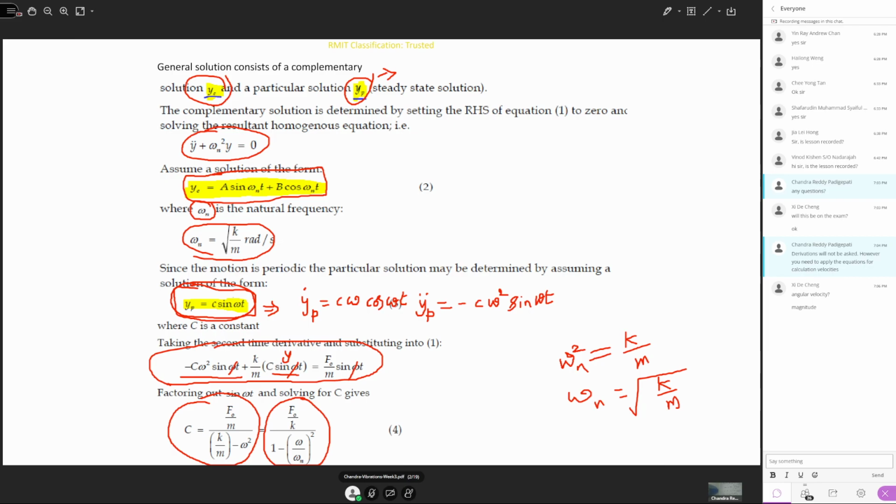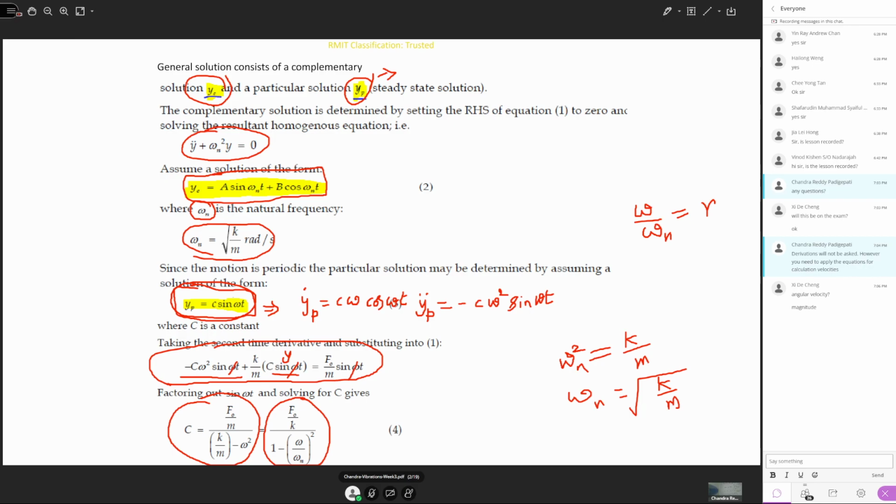Let us study this. Omega is the external force frequency. Omega n is the natural frequency. So you can call this ratio R. So R is the ratio of the force frequency over the natural frequency, omega over omega n.